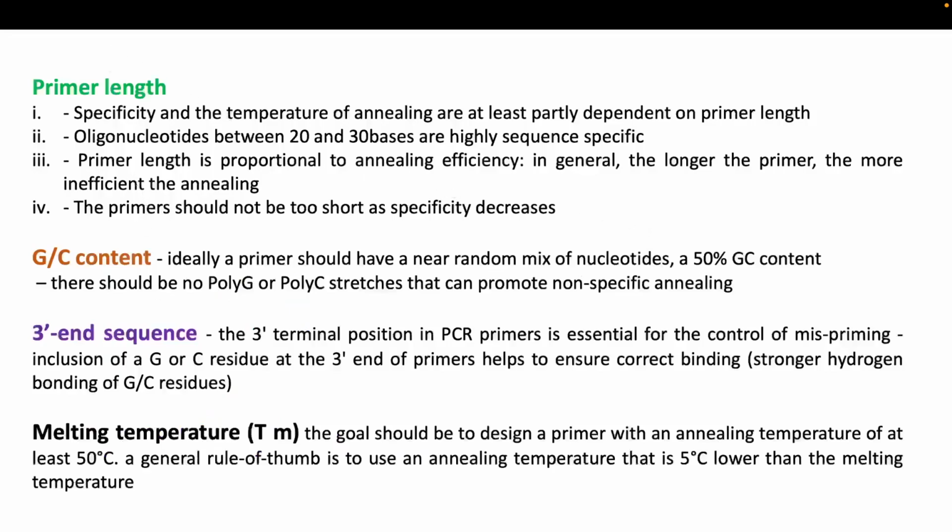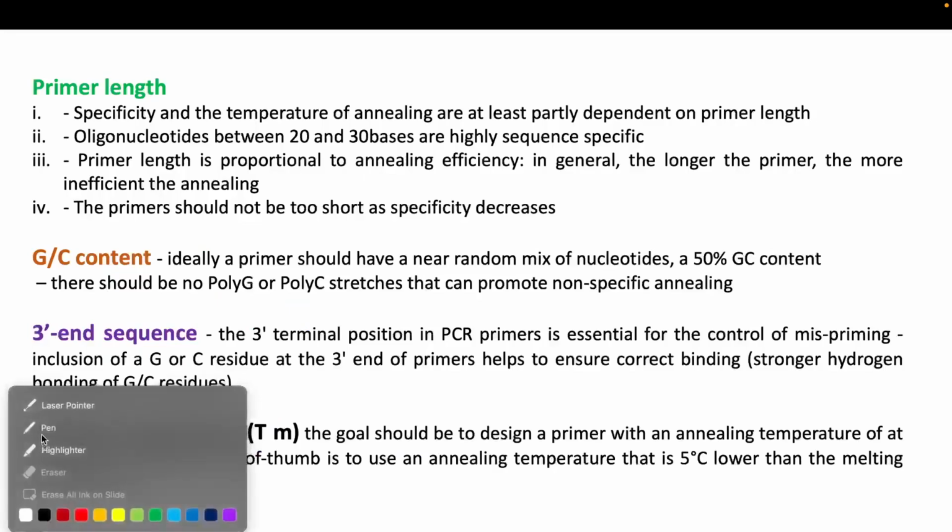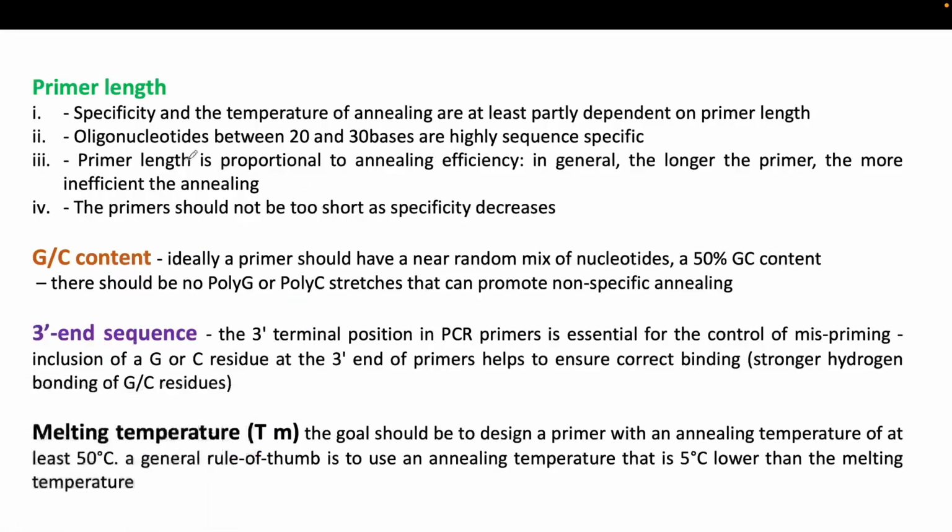As we discussed earlier, primers generally should be 20 to 30 bases long, and if longer than that, it will be more specific. The second thing is that primer length is related to annealing efficiency. If you have a longer primer, then annealing will be less efficient, because you require a higher temperature for annealing.